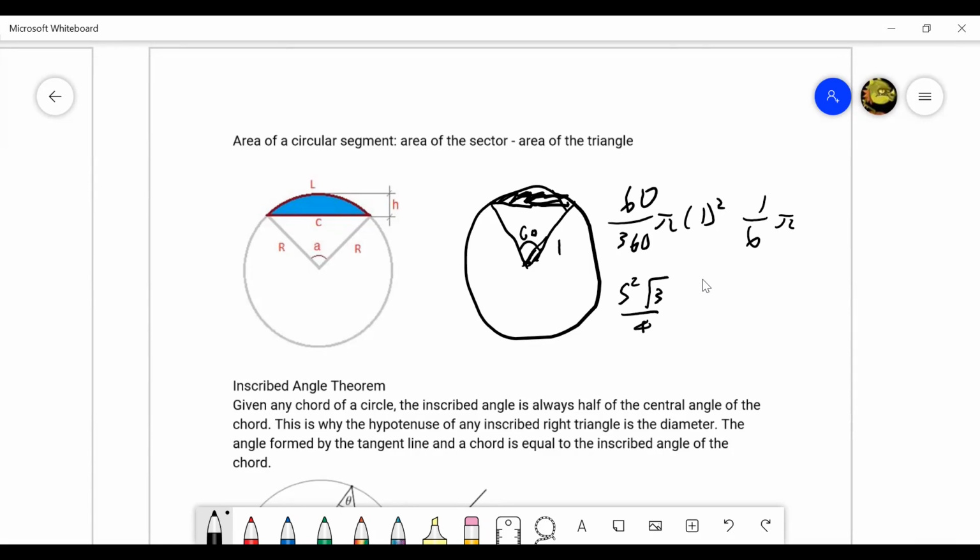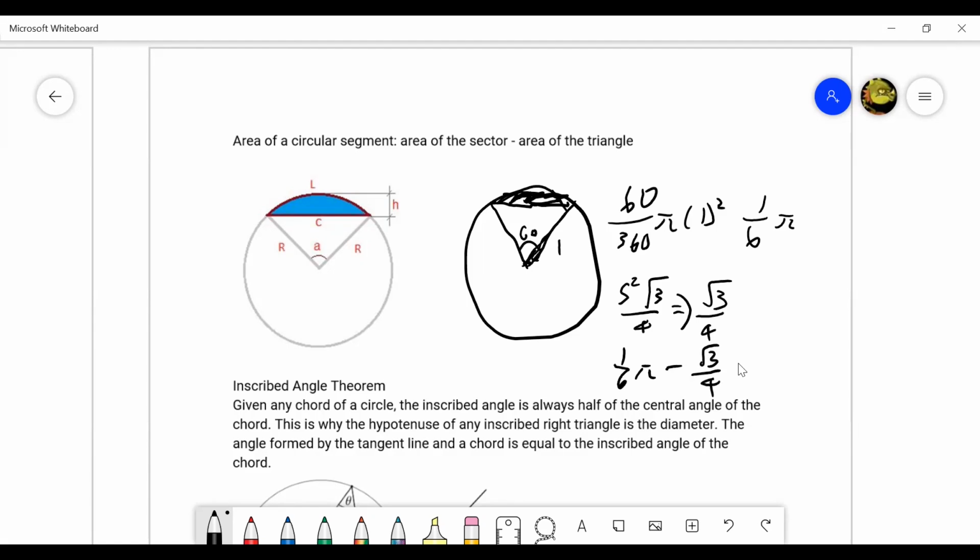I'm assuming that this is a formula you are familiar with as well. If not, you can ask and I'll go more in depth. But basically, the side length is just the radius of the circle, so this is 1, and the area of the triangle is root 3 over 4, which means the area of this shaded segment is 1 over 6 pi minus the square root of 3 over 4.